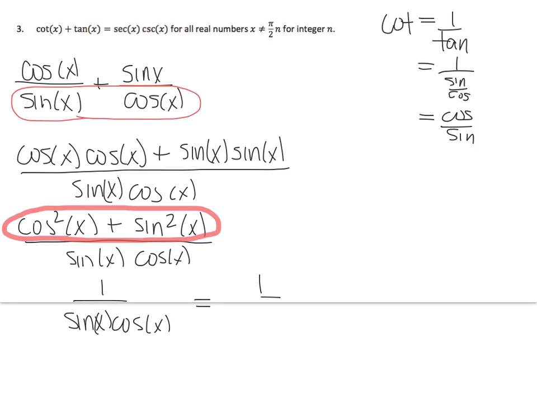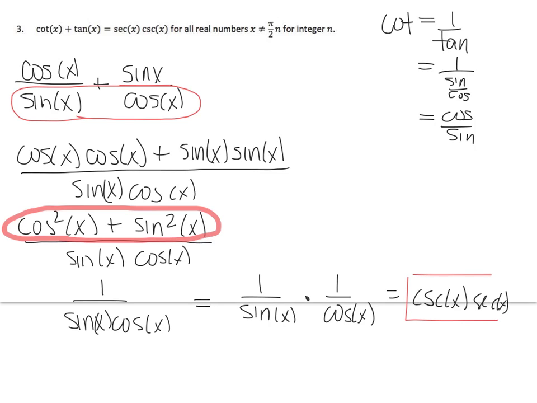Which equals 1 over sine x times 1 over cosine x, which equals cosecant x secant x. Which is the right side of our equation.